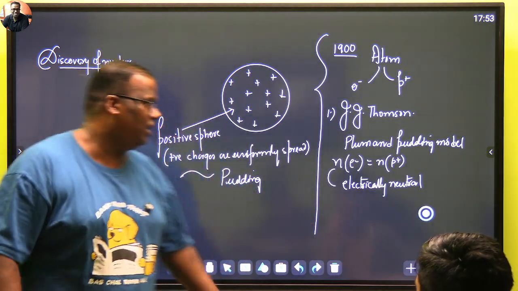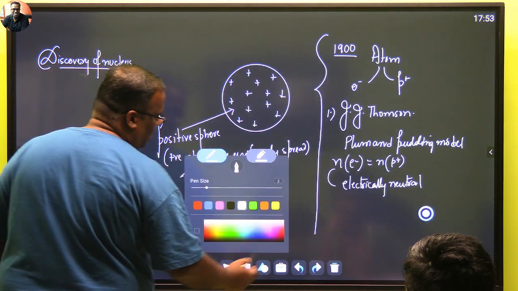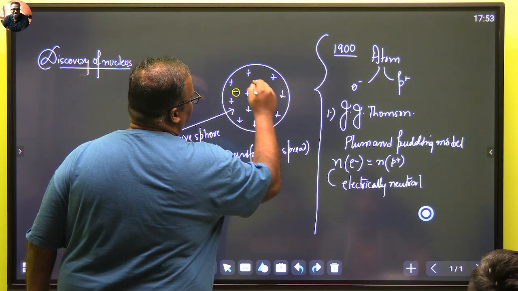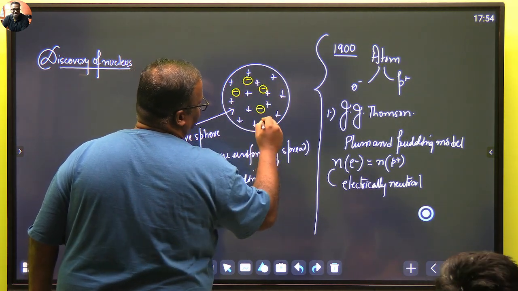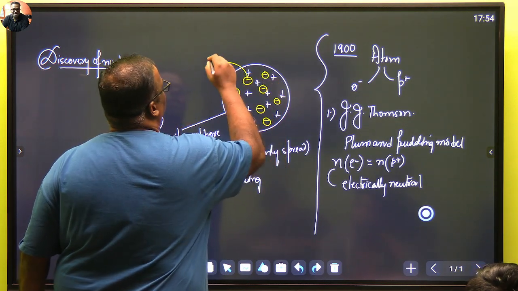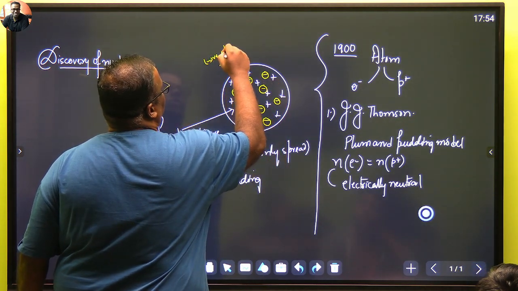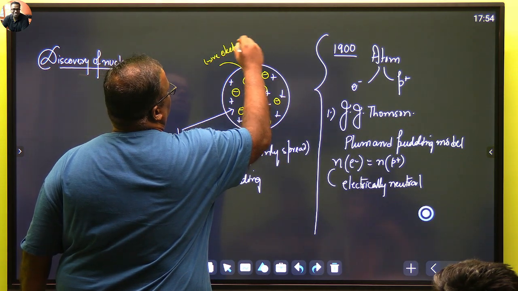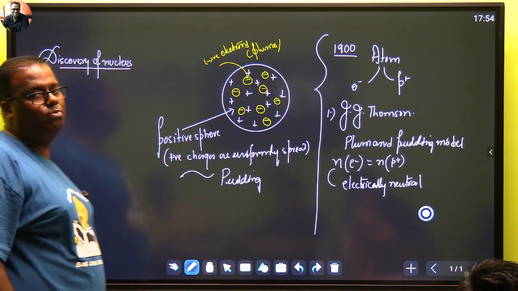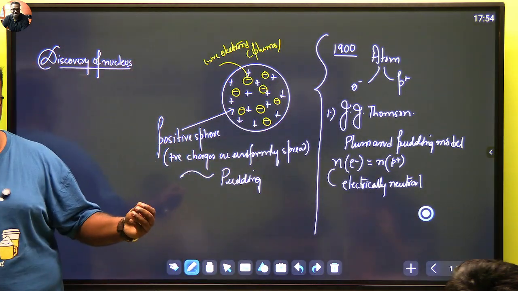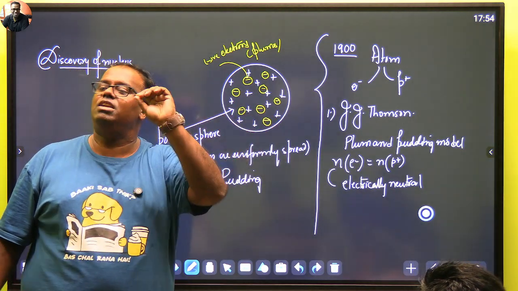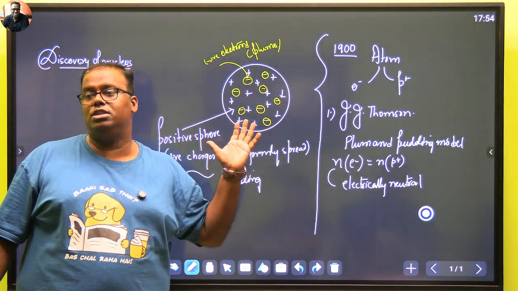And the negative electrons occupy spaces as if they are pieces of plum. ये हमारे negative electrons, and these negative electrons are like the pieces of plums. That's why it is known as the plum and pudding model. Pudding में plum के टुकड़े रहते हैं ना, छोटे छोटे. उसी तरह ये पूरा atom एक pudding है, positive pudding. इसमें negative plums.